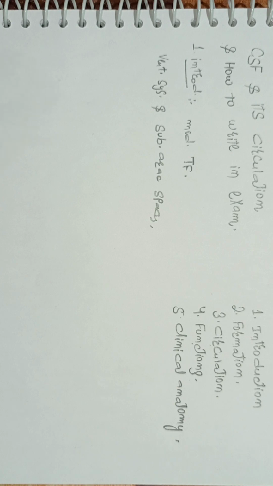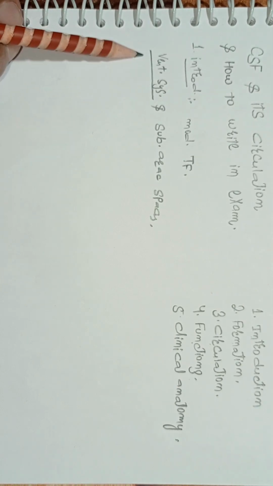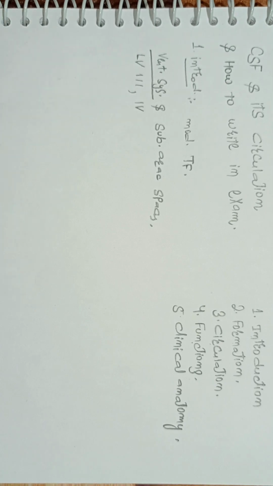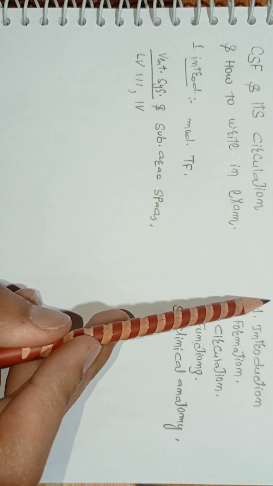We know we have lateral ventricle, and third and fourth ventricle. So introduction: it is modified tissue fluid, present in the ventricular system of the brain and in subarachnoid spaces. So introduction to the CSF is clear.